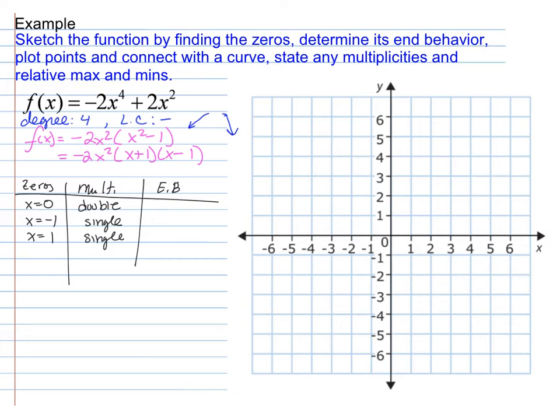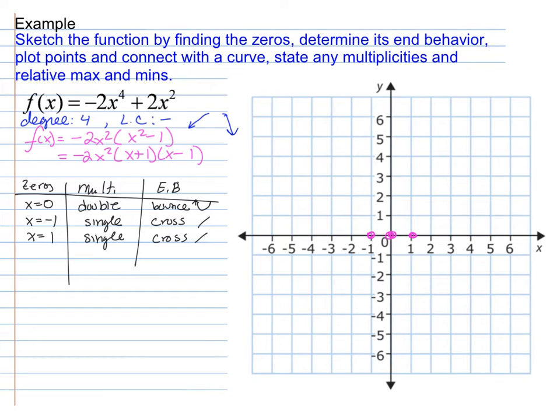That means for the double, it's going to bounce. Then we're going to cross, and we're going to cross. All of these crossings are linear, and the bounce is more quadratic looking. So we're going to plot our points. We have 0, -1, +1.